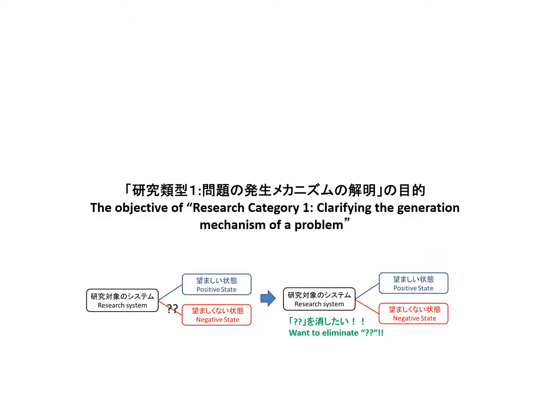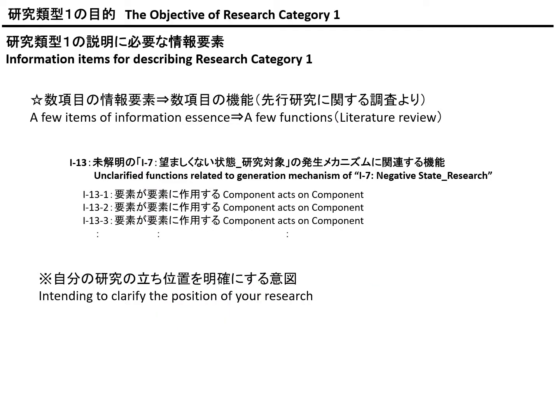Now, I'm going to talk about the objective of research category 1, clarifying the generation mechanism of a problem. For explaining research category 1, of course, you need to introduce a few items of information essences.